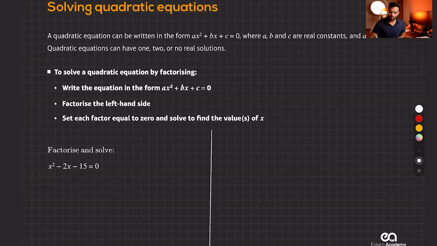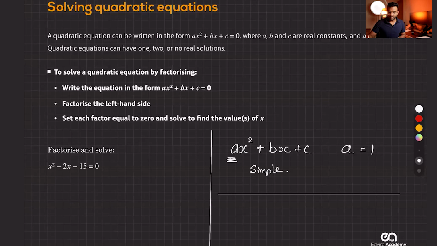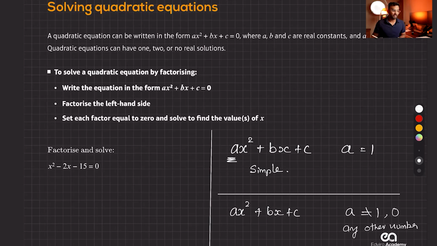When you have a quadratic equation in the format ax squared plus bx plus c, if a is equal to 1, that's the simple version. If a is not equal to 1, any other number, this is the harder one.